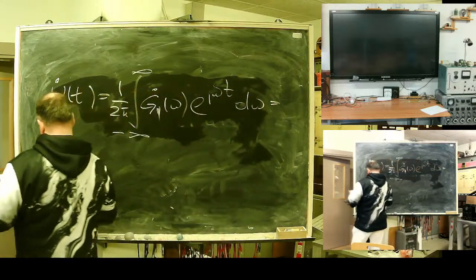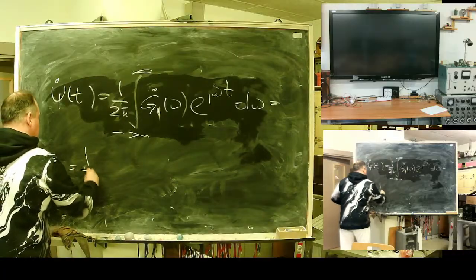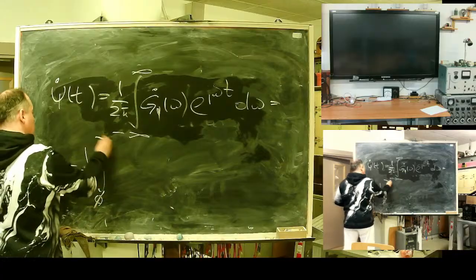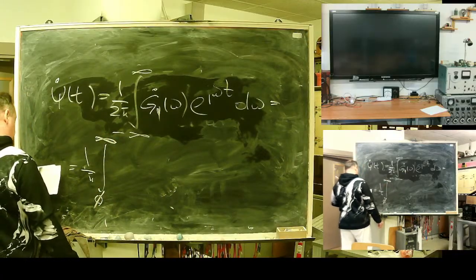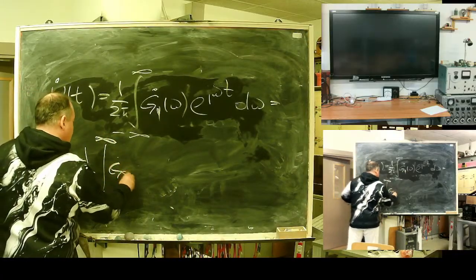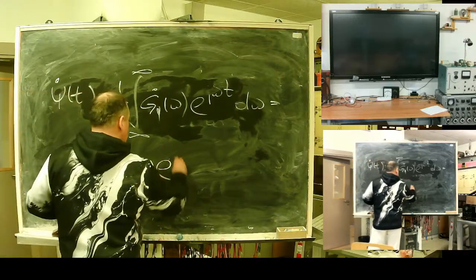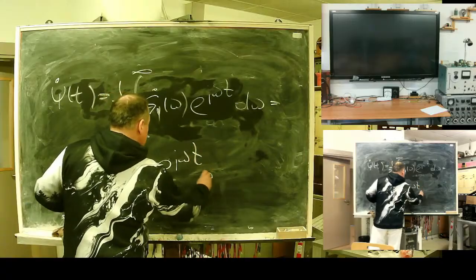This will yield one divided by the square root of 2 pi, integrated from 0 to infinity of my signal's spectral function e to the power j omega t d omega.